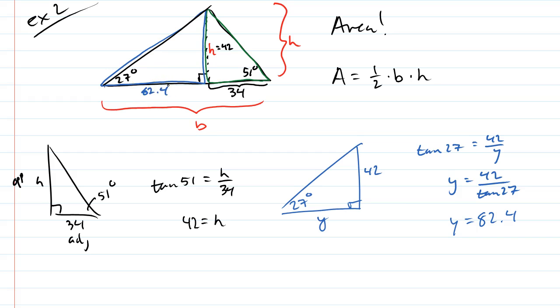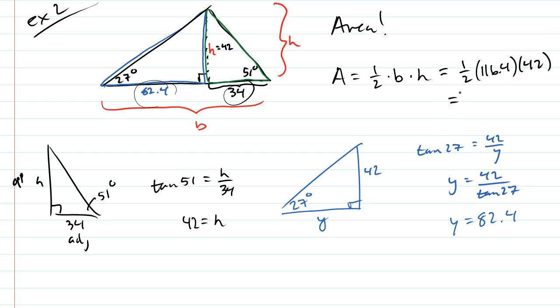So I had to do 2 trig problems to figure out the things I need. First of all, b now is the same as this plus that. So I can start doing my formula here. 1/2, and 82.4 plus 34 is 116.4. The height is 42.